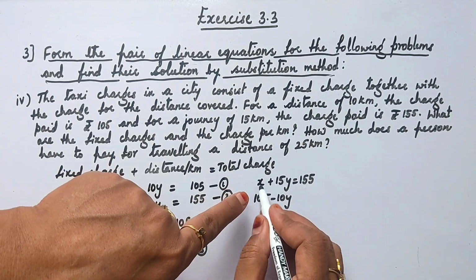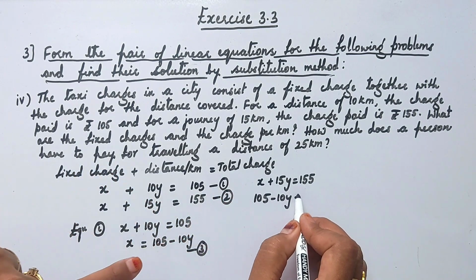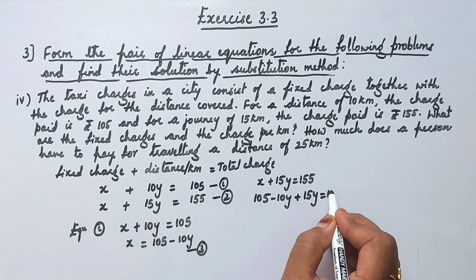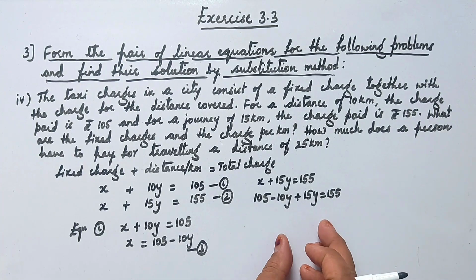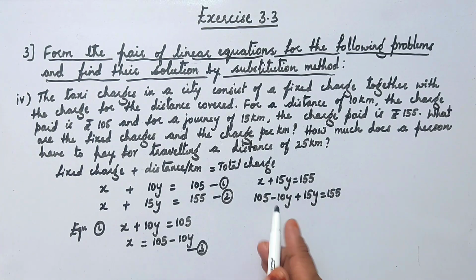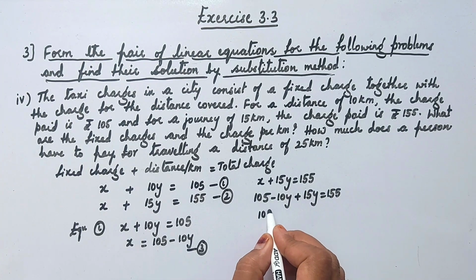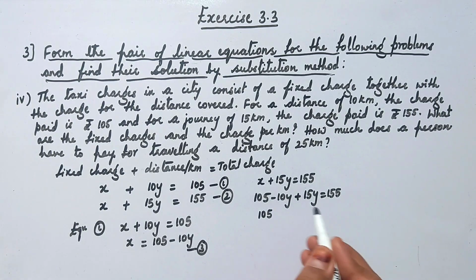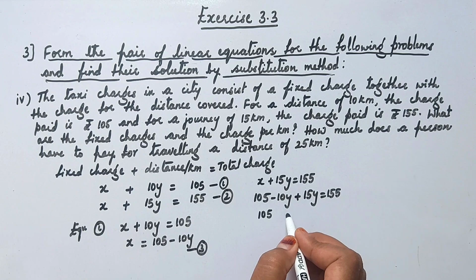Okay, only the value of x I have written here, plus 15y equal to 155. I'm going to write as it is. Only the value of x I'm going to substitute here. Rest all as it is I'm going to keep here. 105. You can see that these two have got a different sign. Different sign means you're going to subtract it. 10 minus 15, that is 5y.